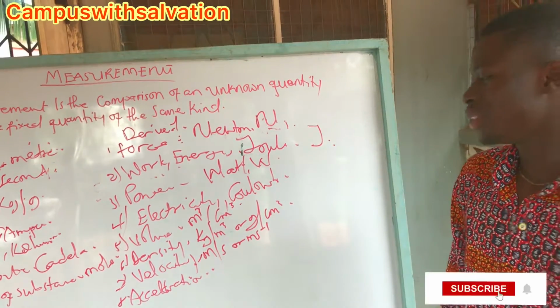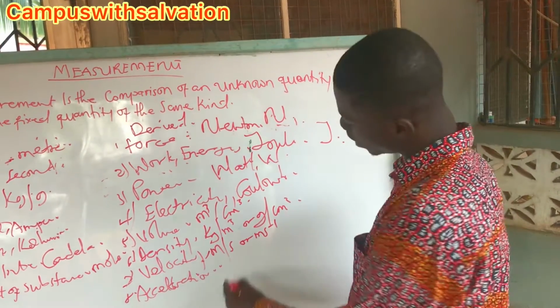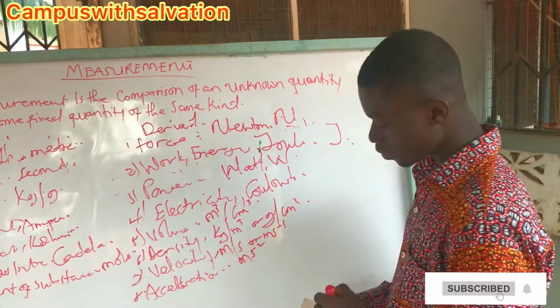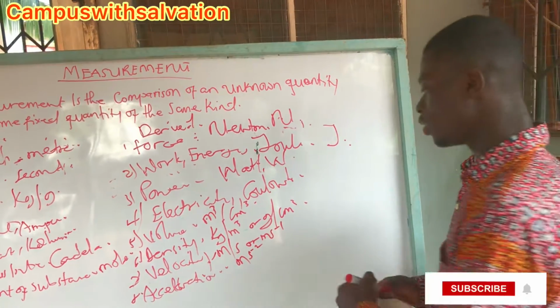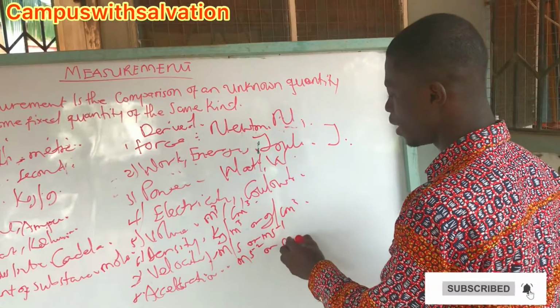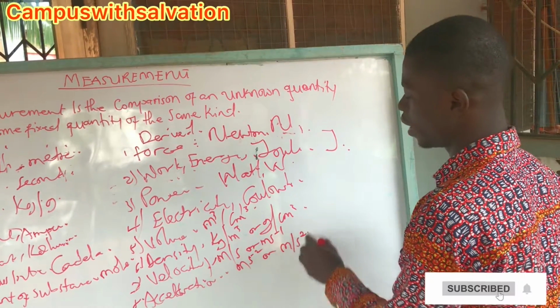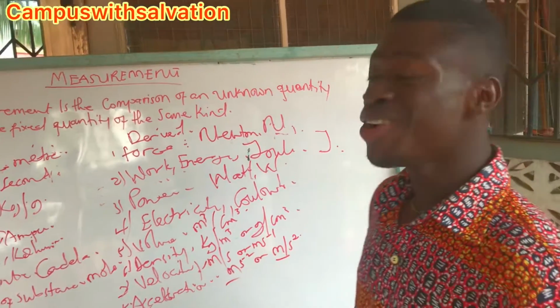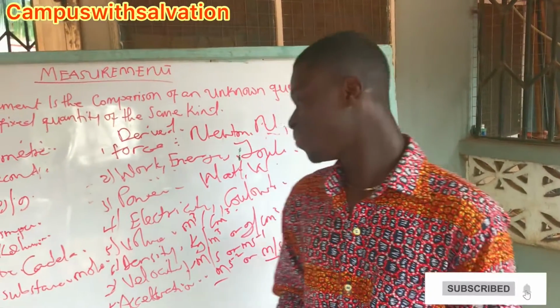They are all the same. Acceleration has an SI unit of meters per second squared, which can also be written in another form. This and this are the same. So any one of your choice you can use.